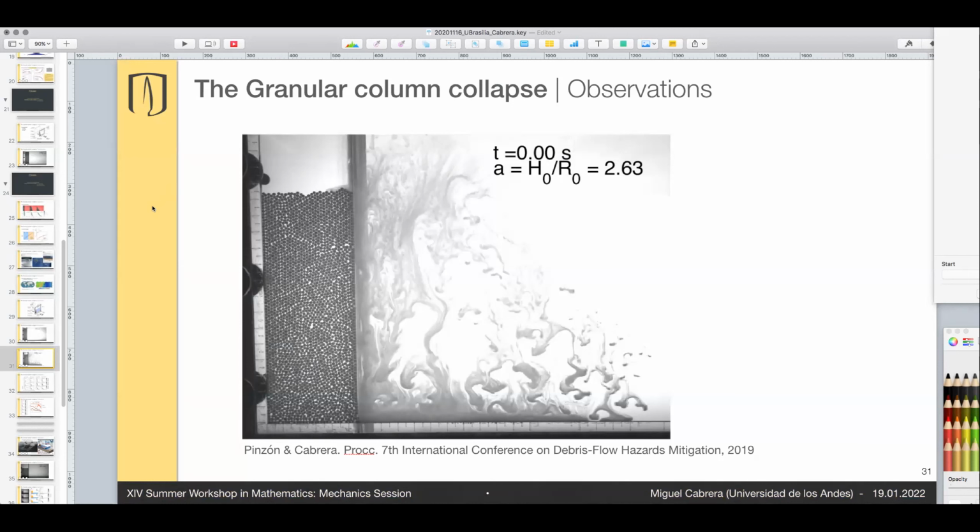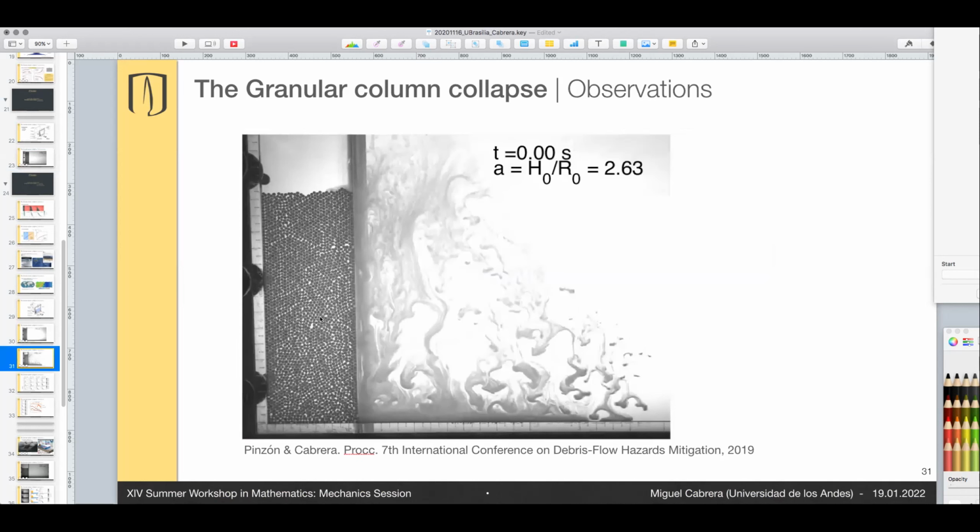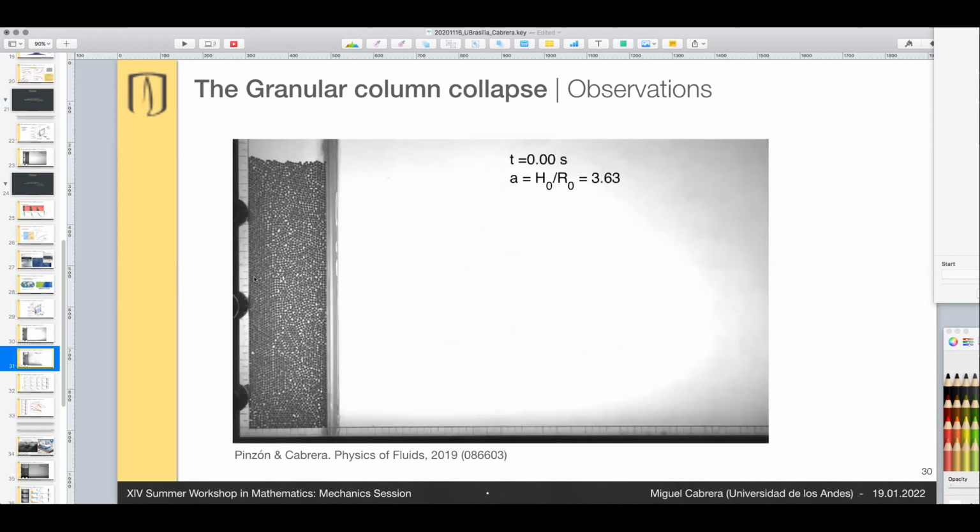If cohesion is understood as that, we do not study cohesion in these dry cases, because the grains are completely dry and there is nothing in between their contacts. And in the cases where the collapses are submerged, we added something to reduce surface tension, so there is no trapped air between the grains. So there is no cohesion again in this case.